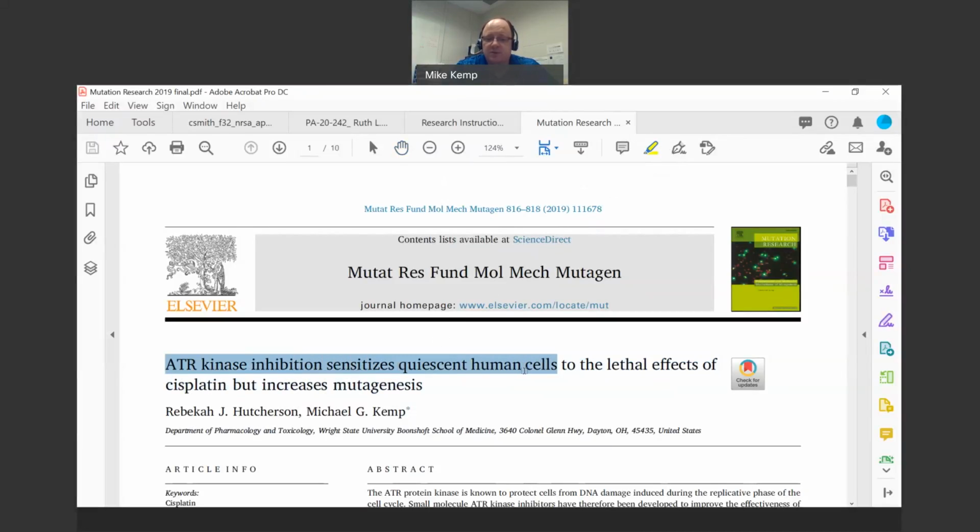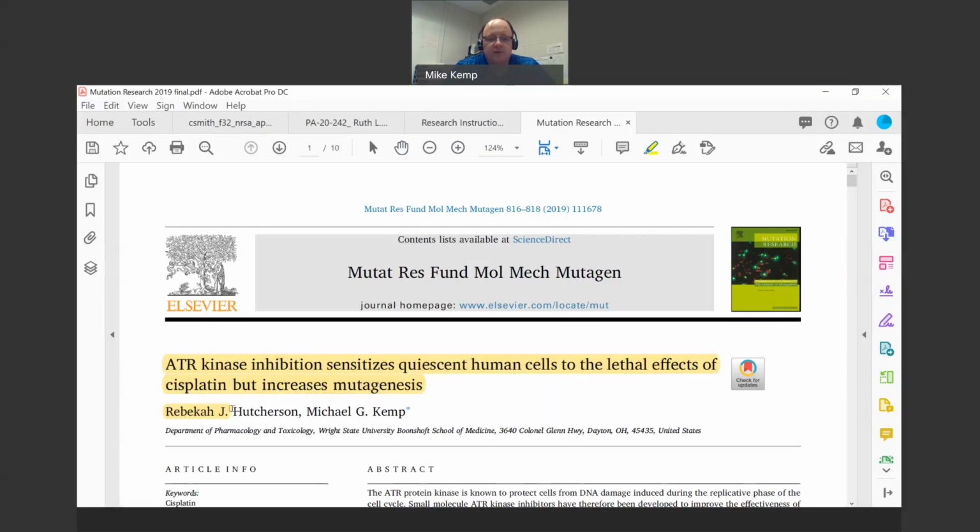So these are cells that are not replicating, but can be induced to replicate. And specifically then look at the effects of how inhibiting ATR in quiescent cells affects the response to cisplatin. Cisplatin is a very widely used anti-cancer drug, a very successful compound.